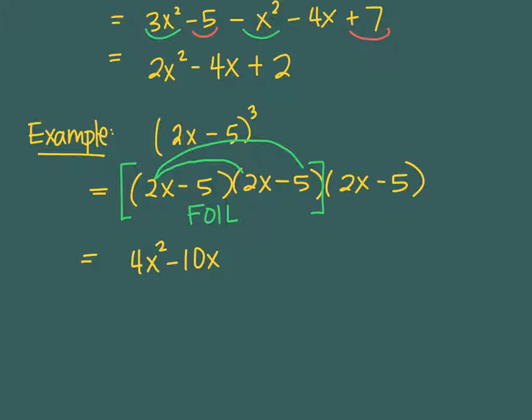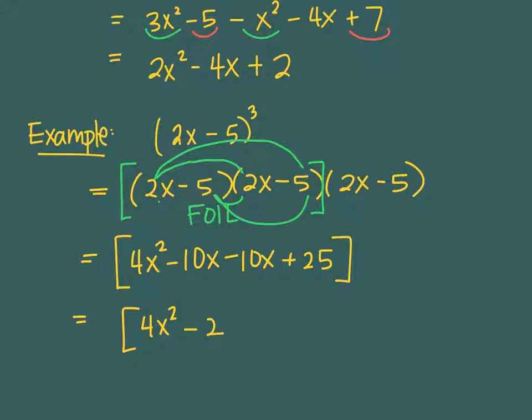Then I work on the inside, so I'll have negative 5 and then the last 2 terms. So then I'll have another negative 10x, and the last 2 terms will be plus 25. I can simplify that to have 4x squared minus 20x plus 25. But what do I still have on the end? That 2x minus 5, that third one that was there. So now comes the superFOIL part.